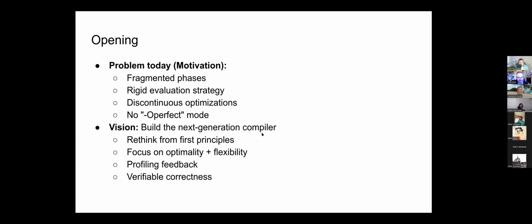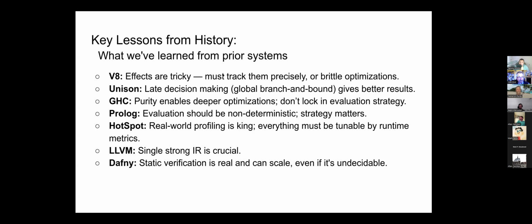So the goal is to build a new compiler from first principles: optimal, flexible, with lots of profiling stuff, and verifiably correct, which I guess makes it really hard to do. Let's see what we've learned from prior systems. From VA, we learned that effects are tricky. From Unison, we learned to do branch and bound.